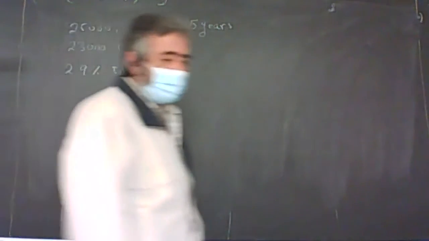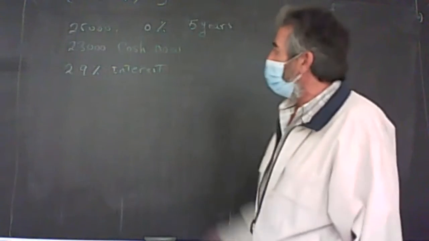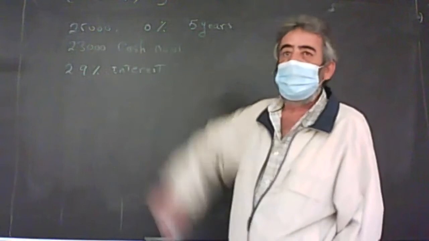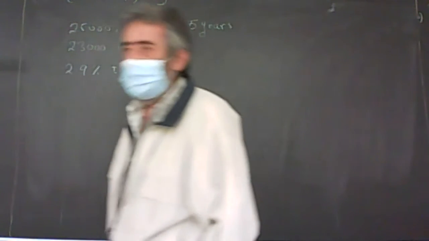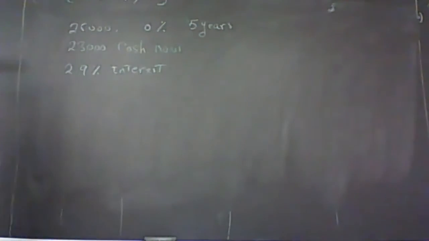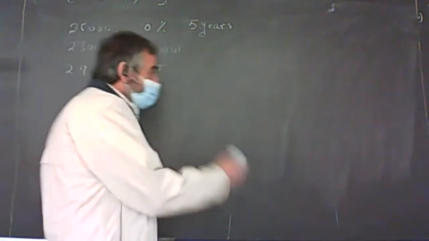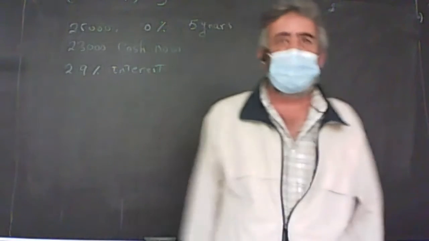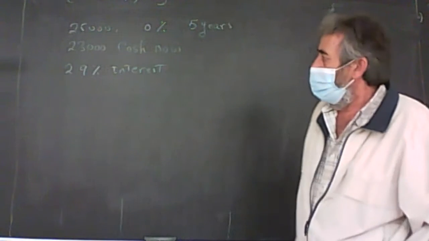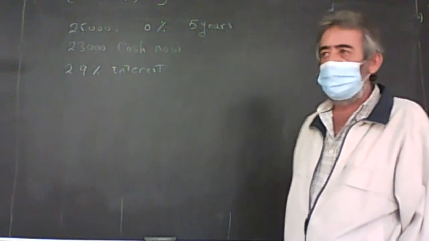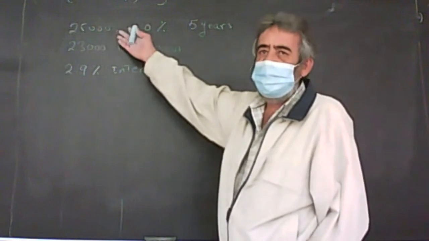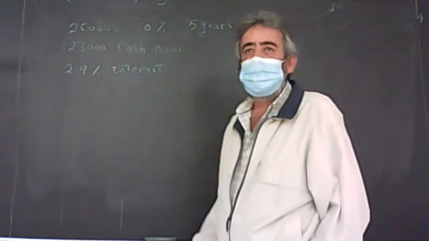So now you are in the middle of a scenario where which one of these two deals is better for you? Which one of the two deals is better for you? And of course, both of them go for 5 years. Well, to figure it out, first, I'm going to look at the option that the car dealer has.